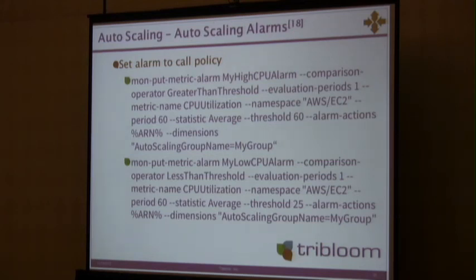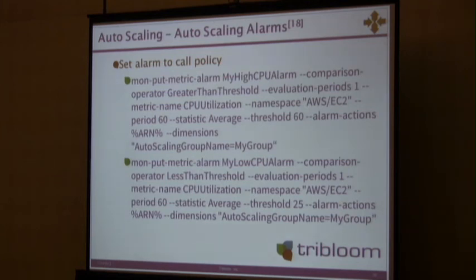And the period is in seconds, not milliseconds or anything like that. So we try and make that coincide with the monitoring period, 60 seconds for detailed. If you used more than one evaluation period, you'd want to use probably something like average. In this case, that really doesn't mean anything because the average of 1 is the same thing as the number itself.